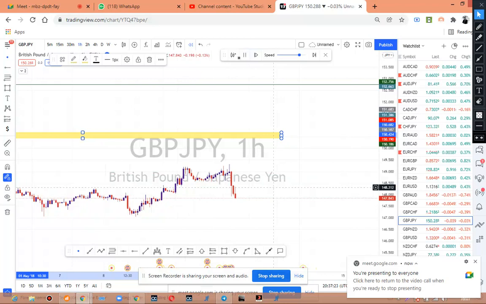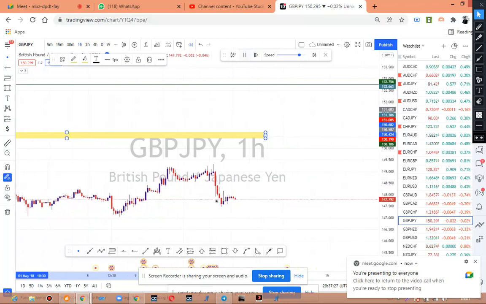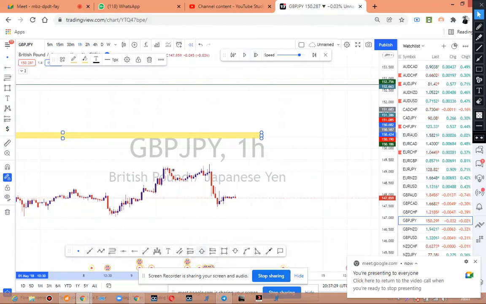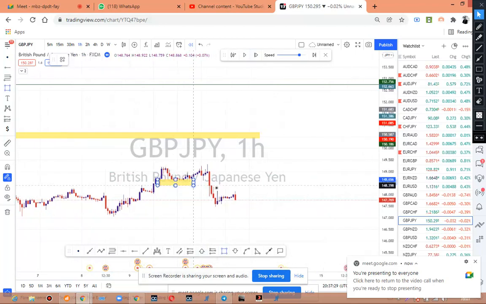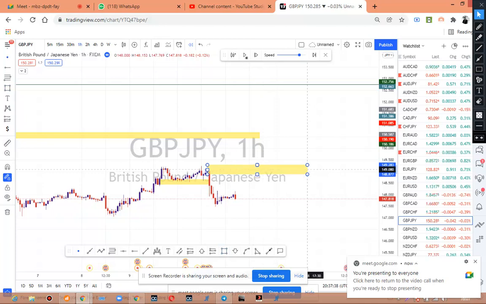Here I can see a strong move and a break of structure to the downside, and here I can see a supply zone. So this is our supply zone. Let's hope the price comes close to the supply zone.